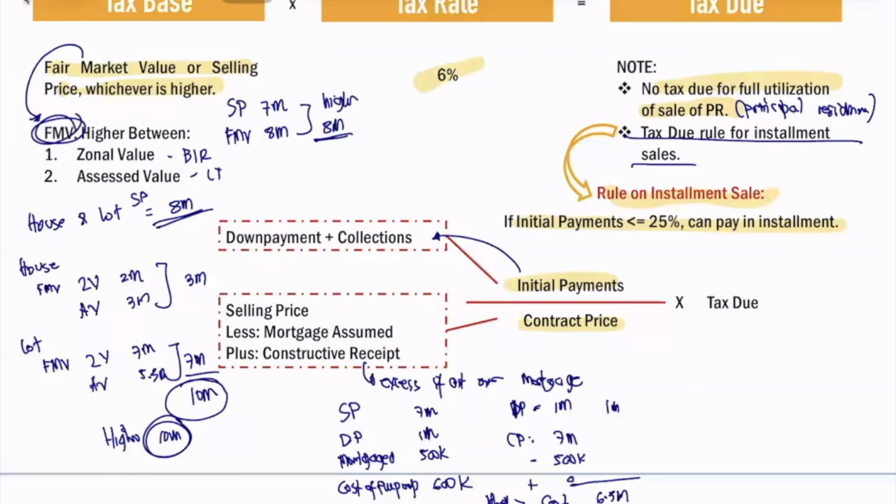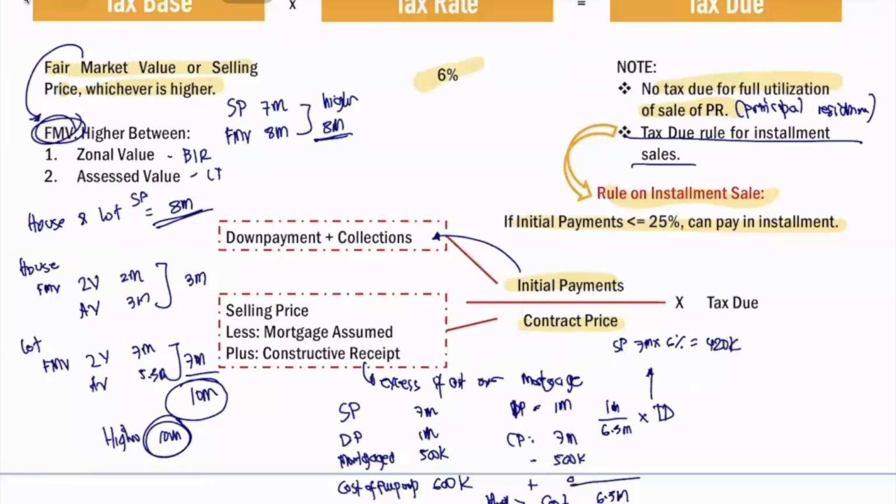So 1 M over 6.5 M multiplied by the tax due. Now for the tax due, the selling price, assuming no fair market value, is 7 million times 6%, that is 420K. Now determine the initial payments.